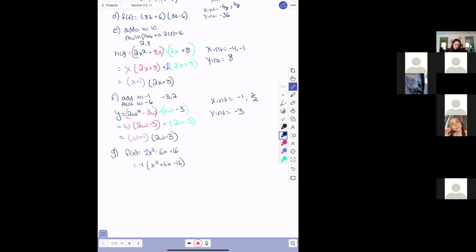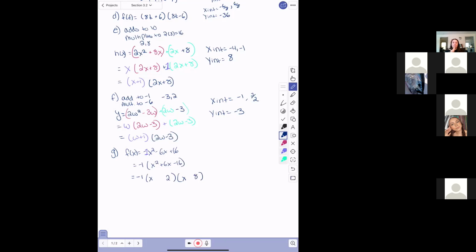All right, now we could just tag along that -1, and we could go ahead and factor this. So we'll set up our two sets of binomials with x's. So what adds to 6 and multiplies to -16? 2 and 8. 2 and 8, good.